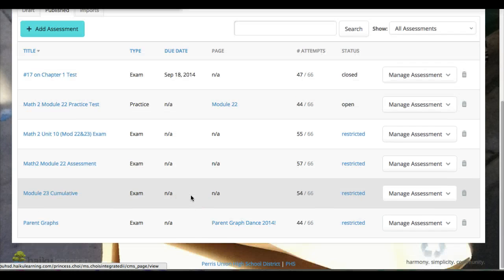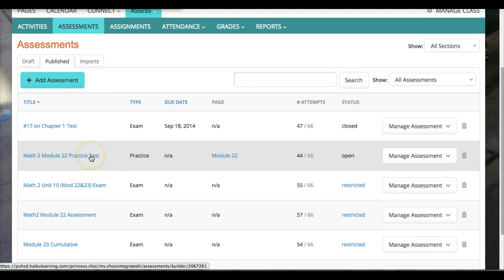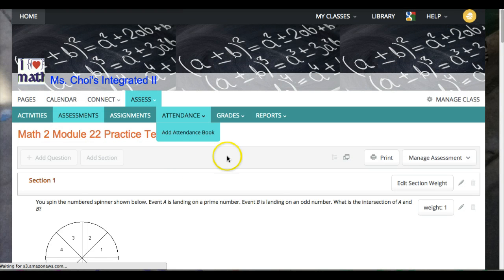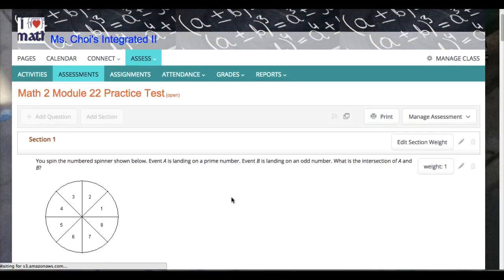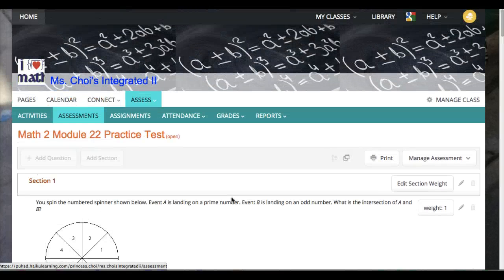And then the practice test is right here. It's this one right here, the practice test. If you just click on it, it's already open. So yeah, there is no password or anything. You should be able to go in there. If you have any problems, just email me.